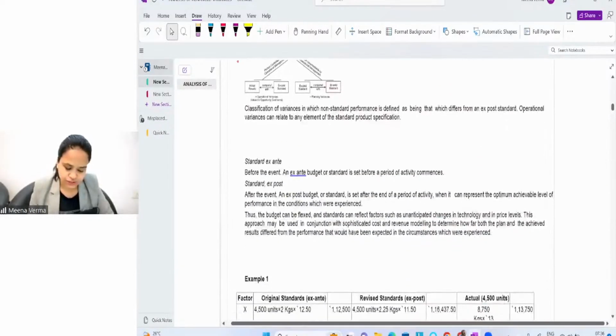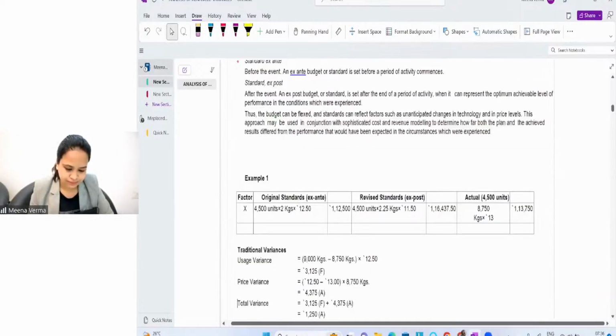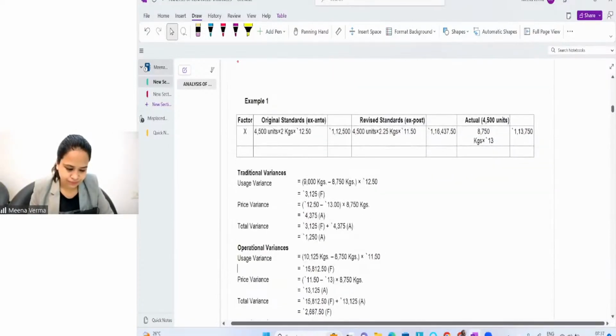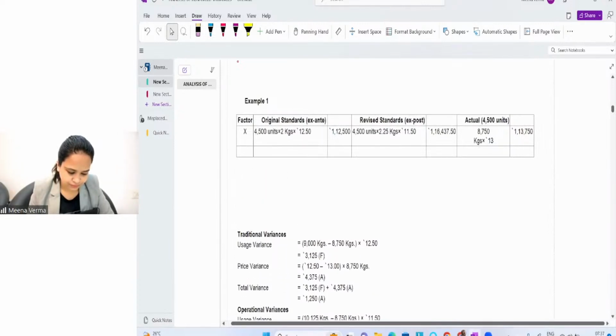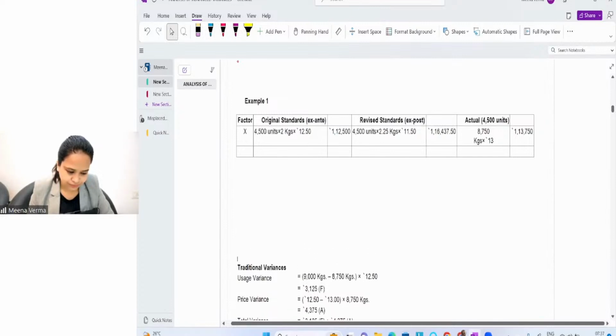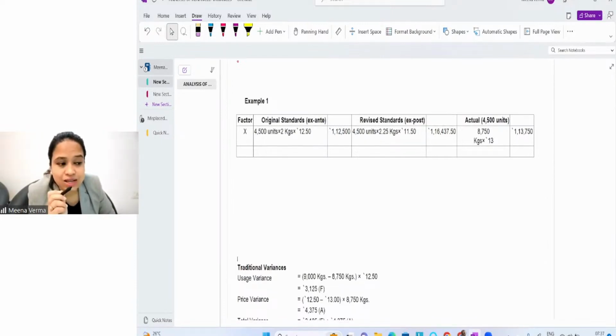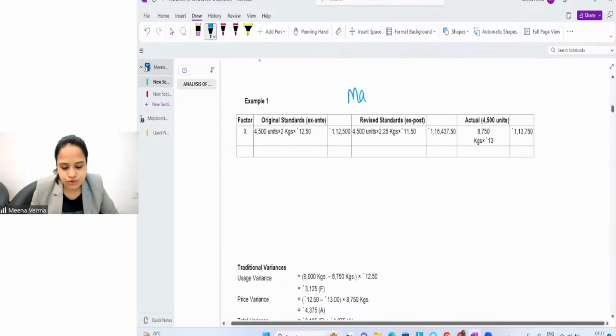Now we have a question on this topic. I told you that we calculate these planning variations and operational variations for everything. We calculate it for material, for labor, for everything, right? So you can see this is the information for the raw material.